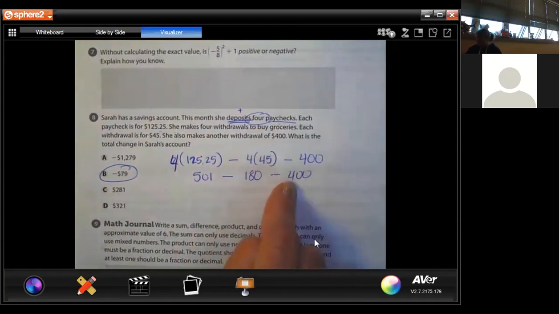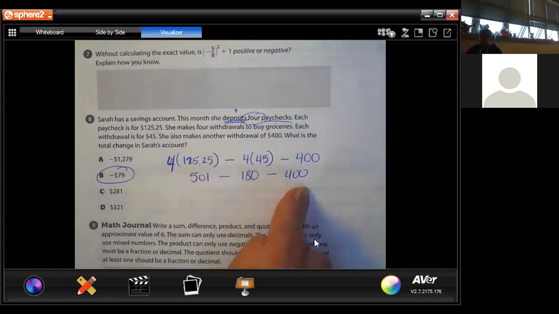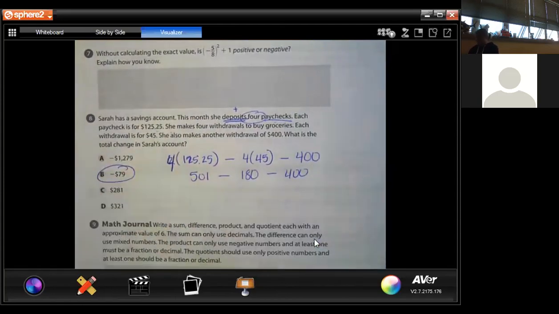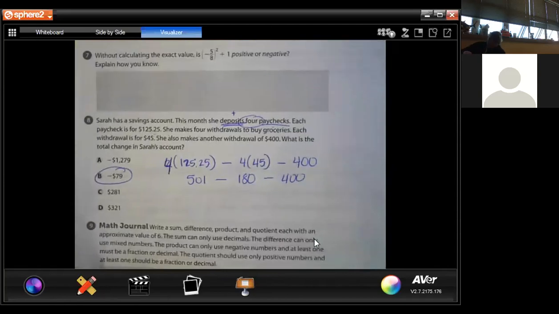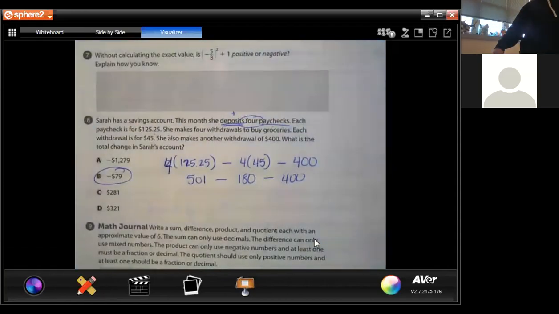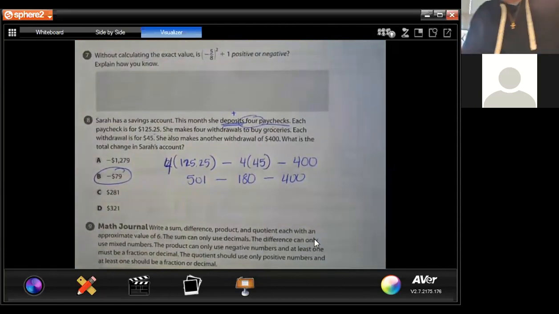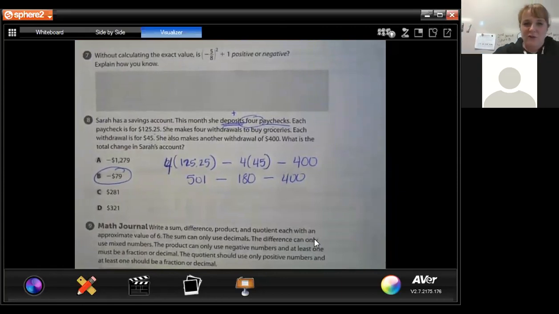So we subtract 400. So if I solve this problem, it comes out to be a negative $79. All right. So those are your answers to yesterday's homework. I just wanted to go through those with you really quickly. But when we're back in person and I'm here tomorrow, I will check those answers with you. Okay.